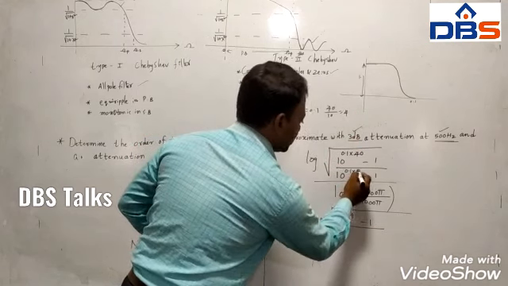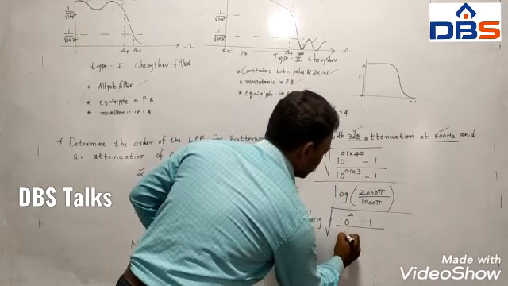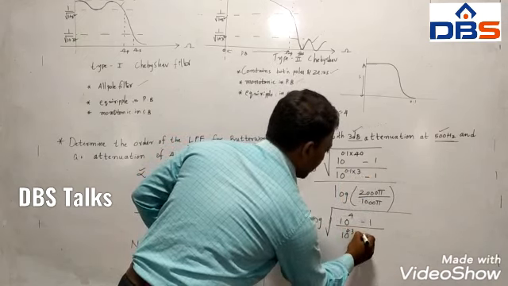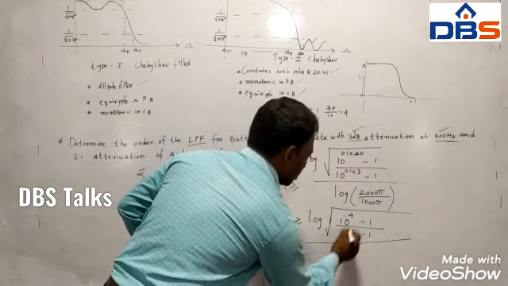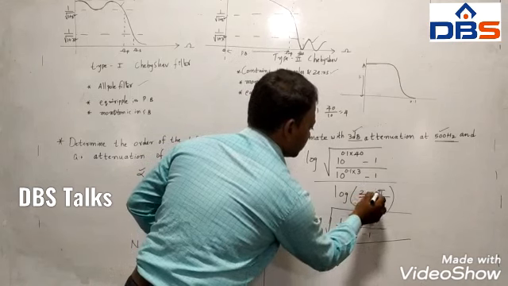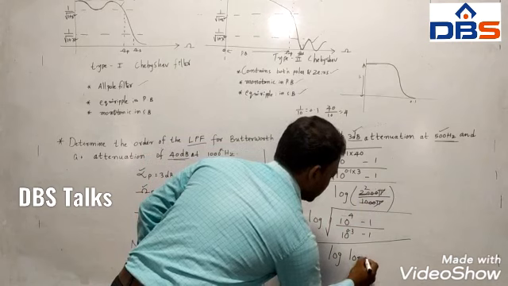So 10 power 0.3 minus 1, divided by, and in the log, 1000 pi and 2000 pi, so you get log 2.